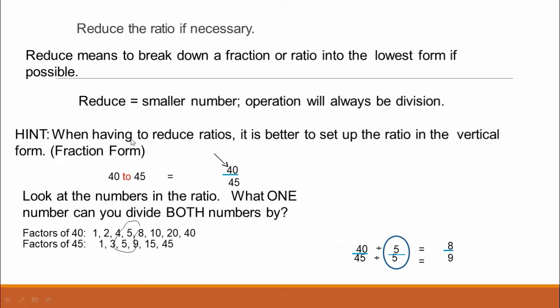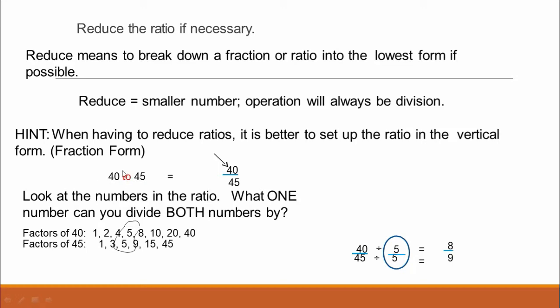When having to reduce ratios, it is better to set up the ratio in vertical form. First of all, write the ratio in vertical form and then simplify the ratio of two quantities. Locate the numbers in this ratio: 40 ratio 45. 40 to 45 means 40 ratio 45.